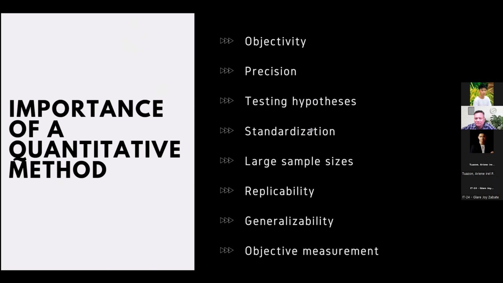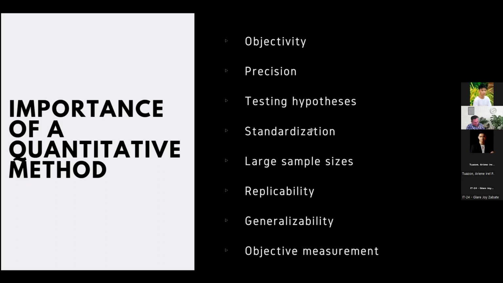Replicability. Quantitative research methods are typically highly structured and standardized, which makes it easier to replicate the study and verify the findings. Replicability is a crucial aspect of scientific research and adds to the credibility of the study.